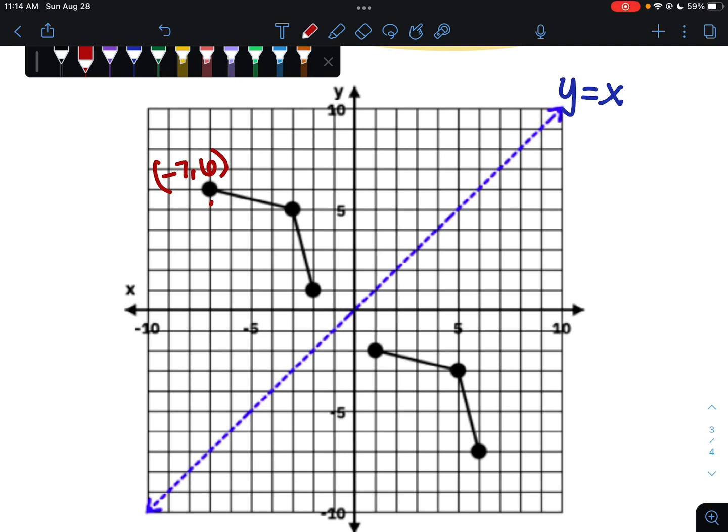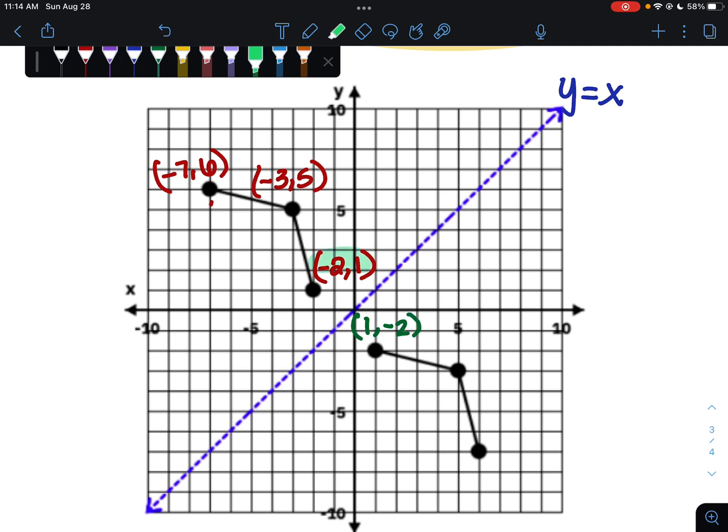This middle point would be -3, 5. And this last point would be -2, 1. Then I look at the other points to see if the x and the y values are flipped. So this point would be 1, -2.